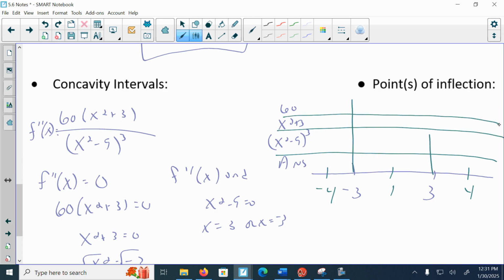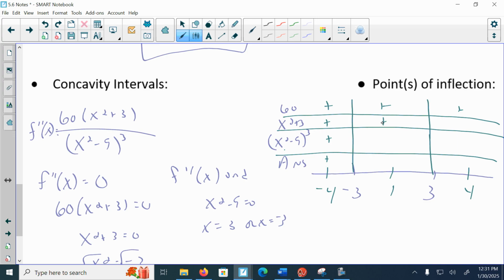So this 60 is always going to be positive. So I just put it there in case it was negative. If I do negative 4 and I square it, that becomes 16 plus 3, so this will end up being positive. Take negative 4, put it in there, that's squared, and it's 16. 16 minus 9 is a positive number, and a positive number raised to the third power is positive, so this will be positive. When I put in 1, that's going to be x squared again, which is 1, plus 3, that's going to be positive.